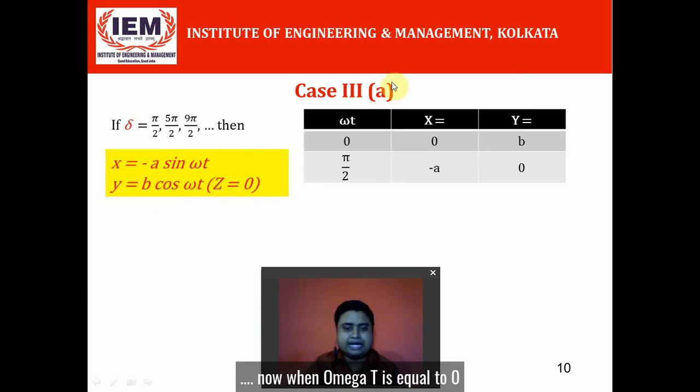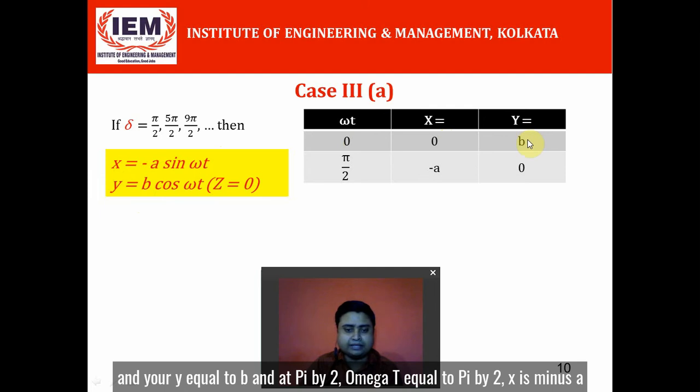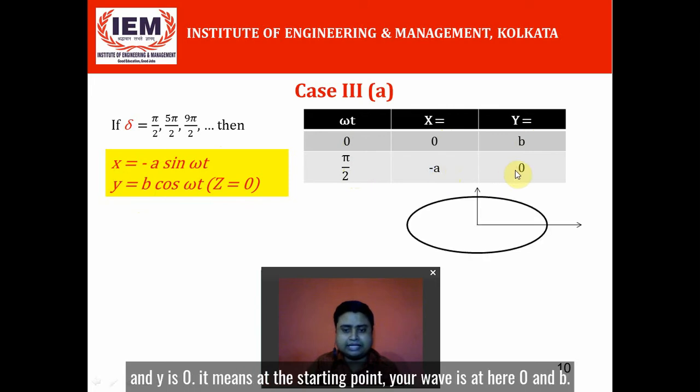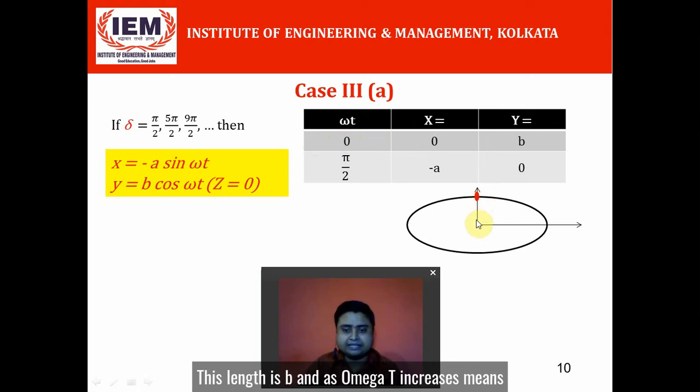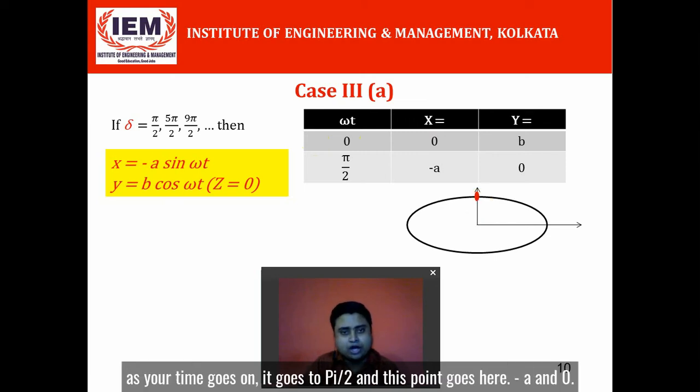Now when omega t equal to 0, your x is 0, and your y is equal to b. And at omega t equal to pi by 2, it is minus a and 0. It means at the starting point your wave is at 0 and b, this length is b, and as omega t increases, as time goes on, it goes to pi by 2 and this point goes to minus a and 0.